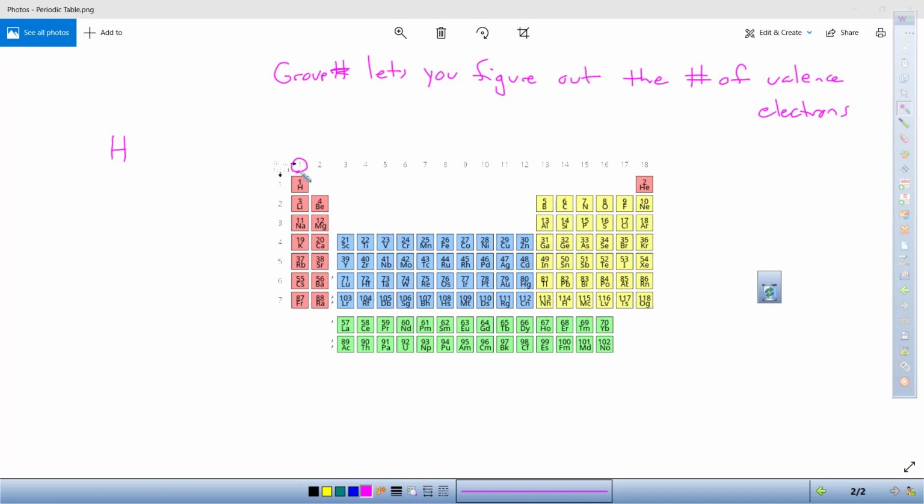So hydrogen, because it's in group 1, has 1 valence electron, and so we're going to put 1 dot. Now everything in group 1 also has 1 valence electron. So lithium right below hydrogen has a single dot. Sodium right below that has a single dot, all the way down. These are electron dot structures, also called Lewis dot structures, because they were named after Lewis.